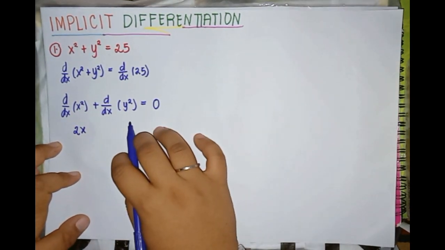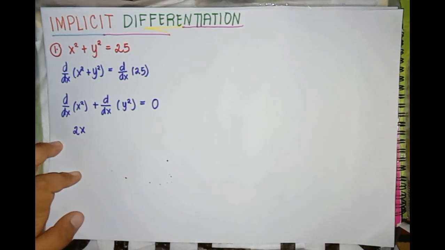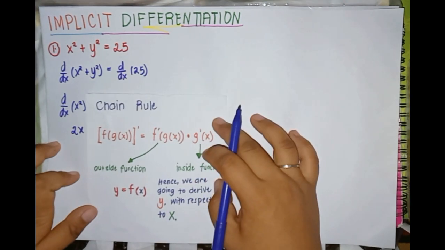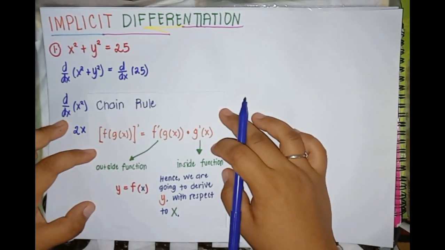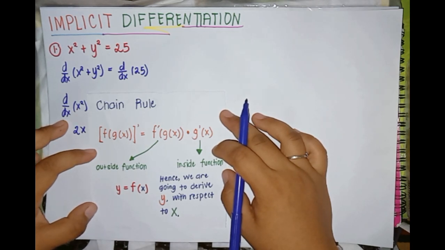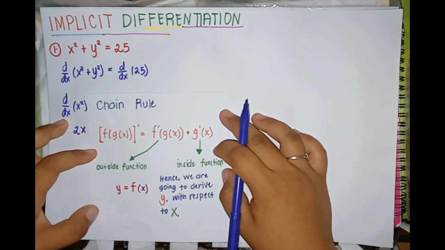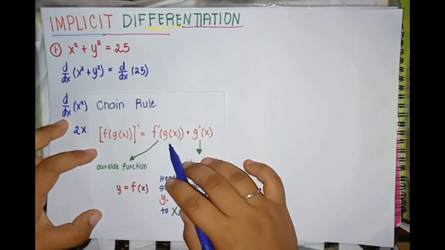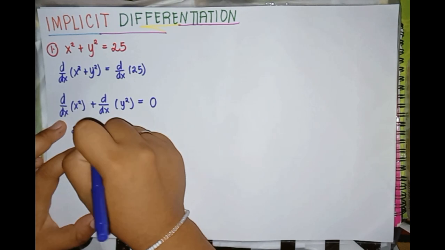Now in getting the derivative of y squared with respect to x, we are going to use the chain rule. The chain rule states that the derivative of a composite function is equal to the derivative of the outside function multiplied by the derivative of the inside function. So in this part, we are going to treat y as another function and derive it in terms of x.